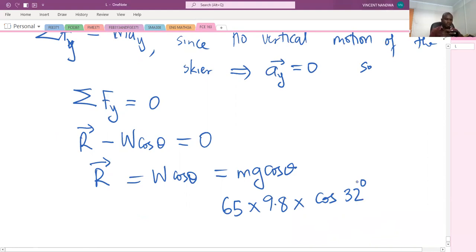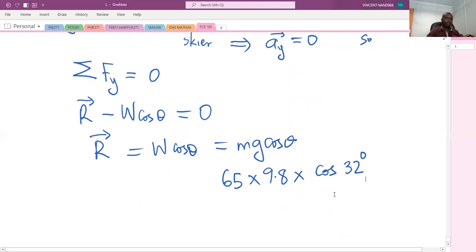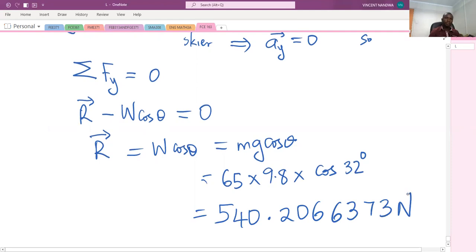So 65 times 9.8 times cosine of 32 gives us 540.2066373 newtons.